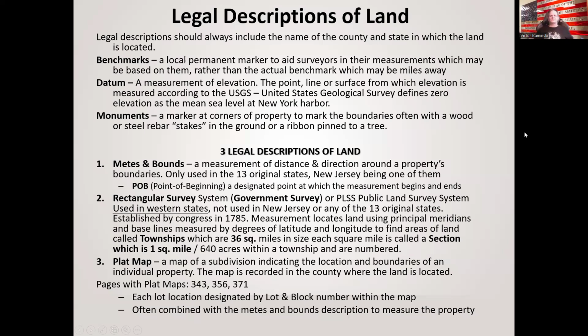All right, so what kind of questions will you get on the exam? Well, you need to know what a benchmark, a datum, and a monument is. Those are at the top of this slide. This is all the notes that you need for this first half of chapter 19. And meets and bounds: a legal description of land only used in the 13 original colonies, or the 13 original states, that has a point of beginning where the legal description commences and ends.